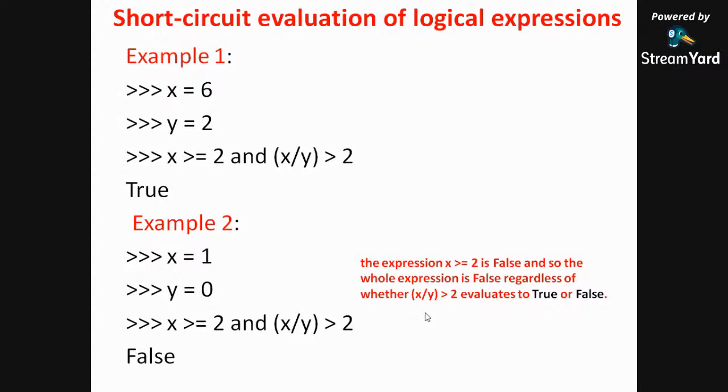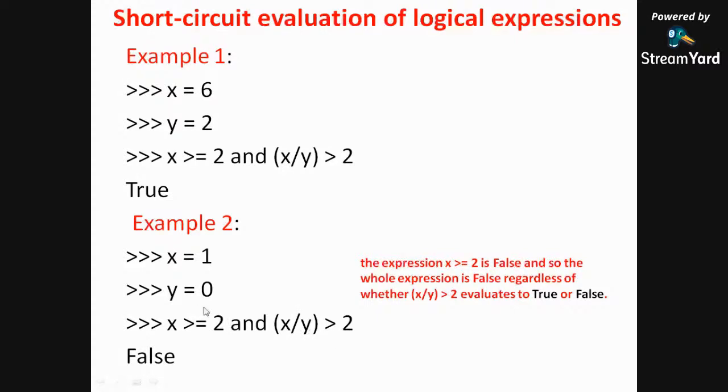In example 2, we are also doing division by 0, but here we don't get any error. Here x is equal to 1 and y is equal to 0, and we are doing x by y, that means you are dividing x by the y value 0. So division by 0 you are doing.